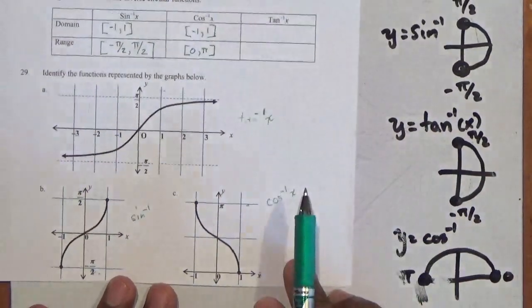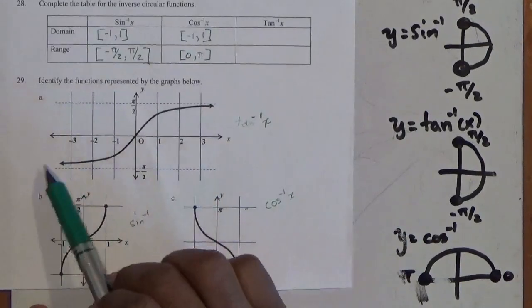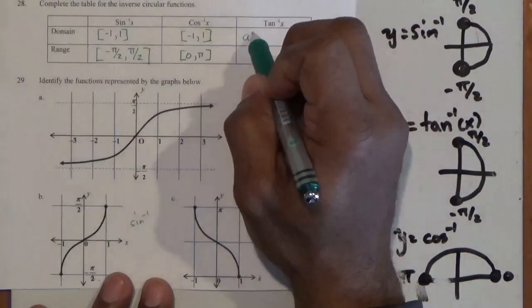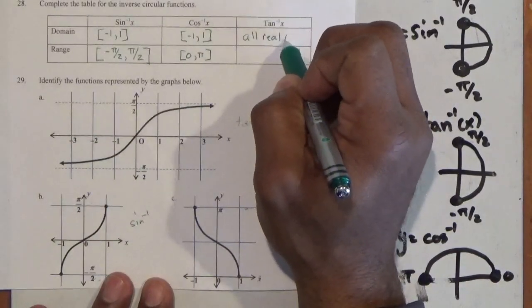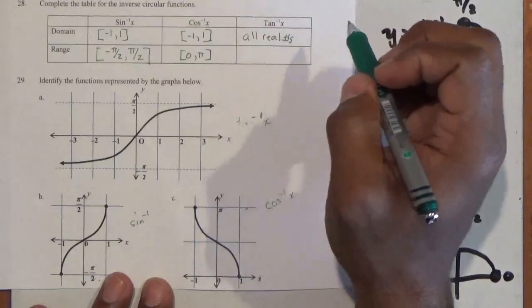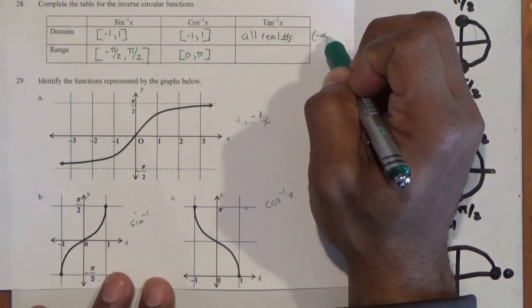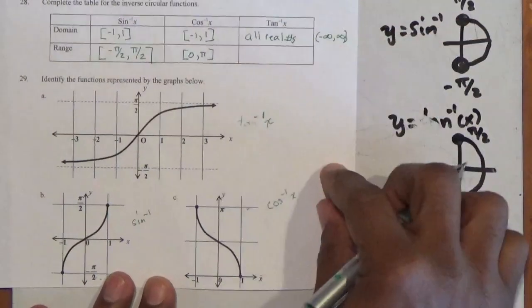And then tangent. Look at tangent: it keeps going to the left and to the right, so it's all real numbers. If you would like, you can write from -infinity to infinity; either works.